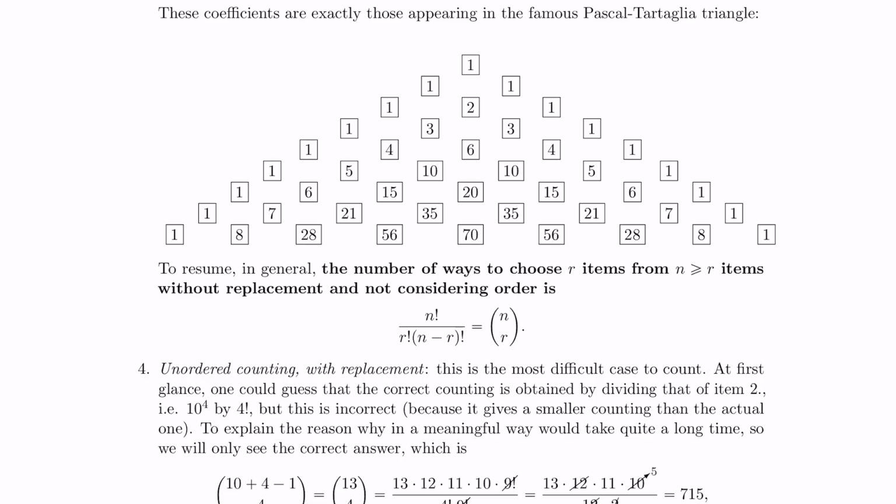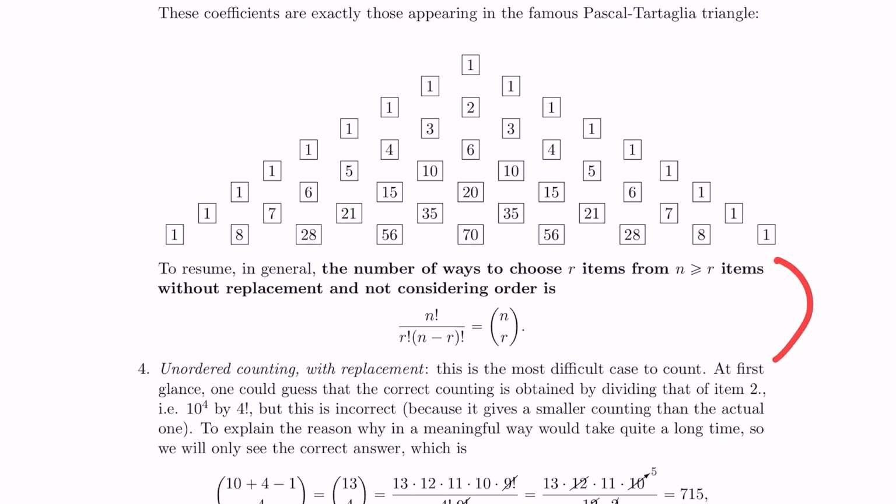Each number is built by adding the numbers appearing in the previous row on its left and on its right. For example, we write 1 here because we consider the absence of a number on its left as 0. So we have 0 plus 1, which is 1. But if, for example, we consider this number here, we have 6 plus 4, which is 10, etc., etc.